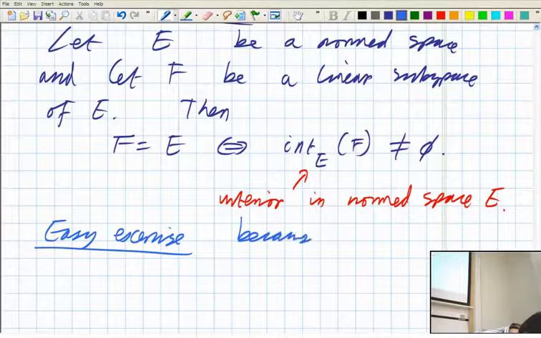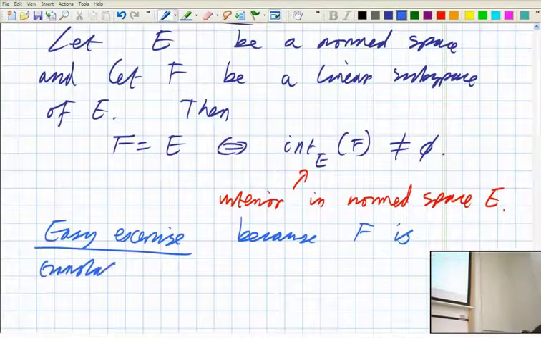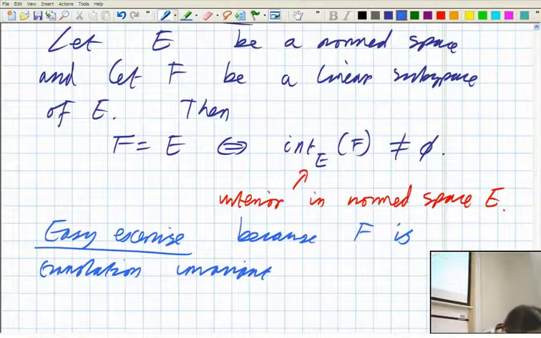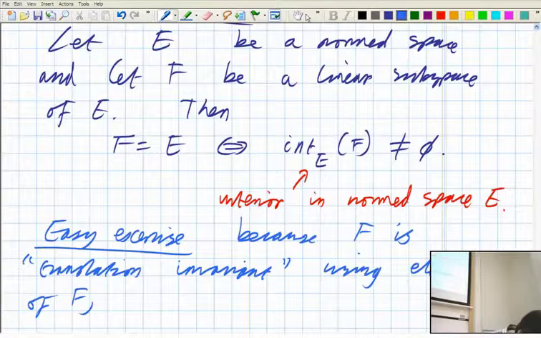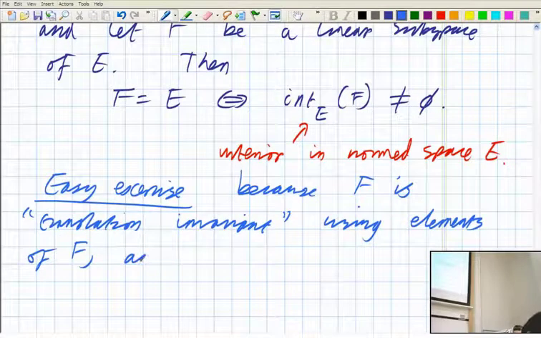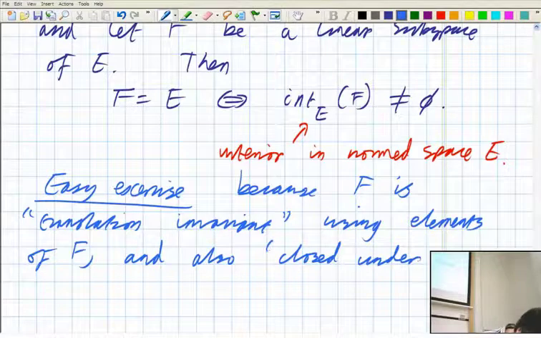Because F is translation invariant and closed under scaling. Translation invariant by elements of F, of course. And also closed under scaling by real constants is all you need. Closed under scaling doesn't mean closed.